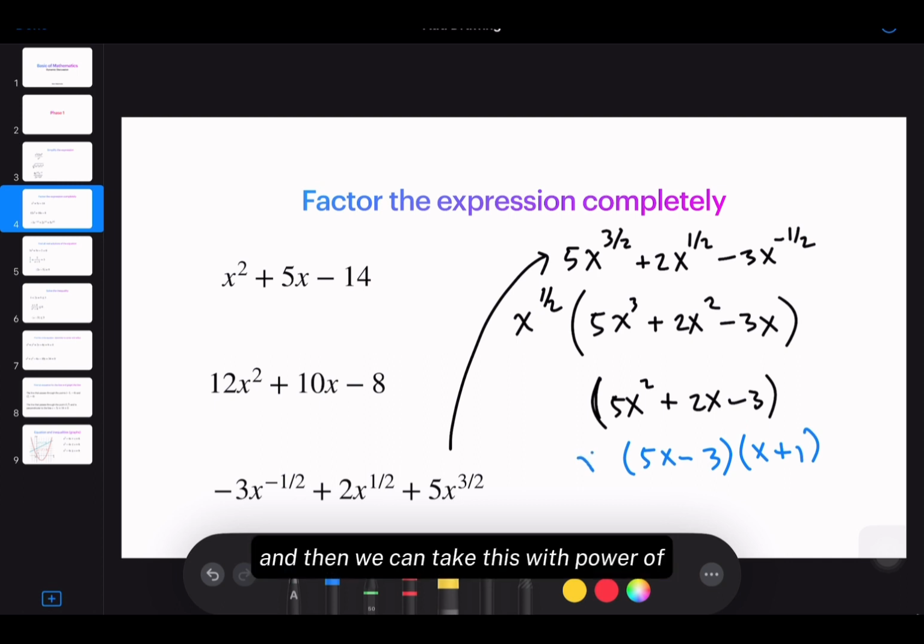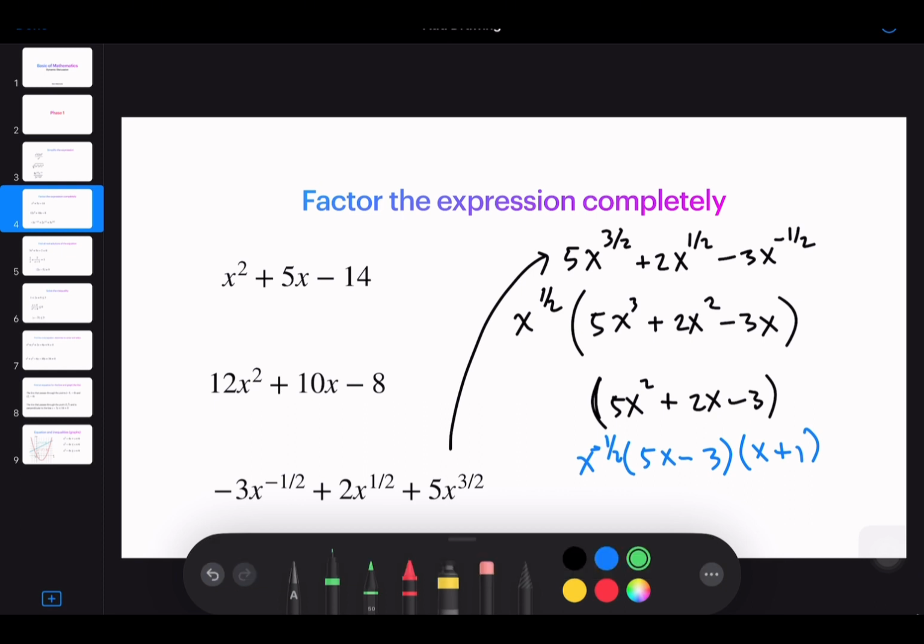And then we can take this with power of negative half. So we can check 5x squared, this is going to be there. And if we multiply with negative half, that will be, right? Okay. So 5x squared. Oh, we need to apply another x.